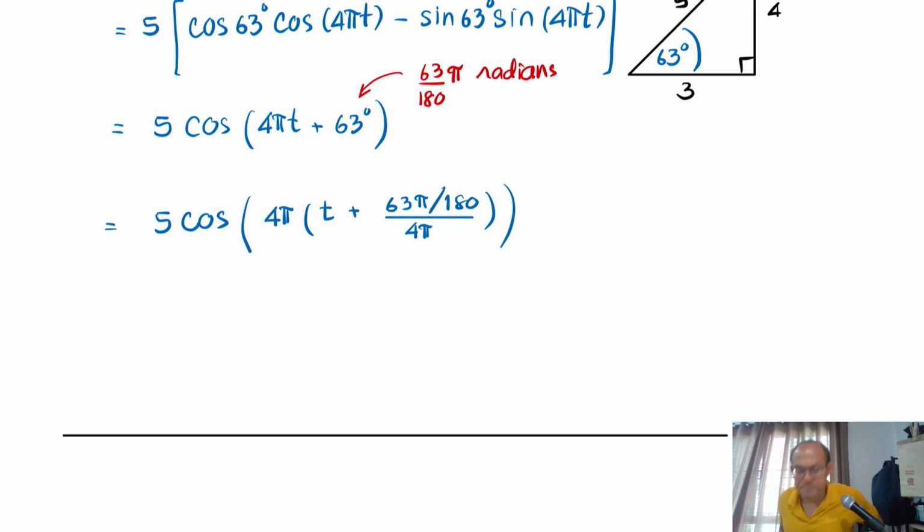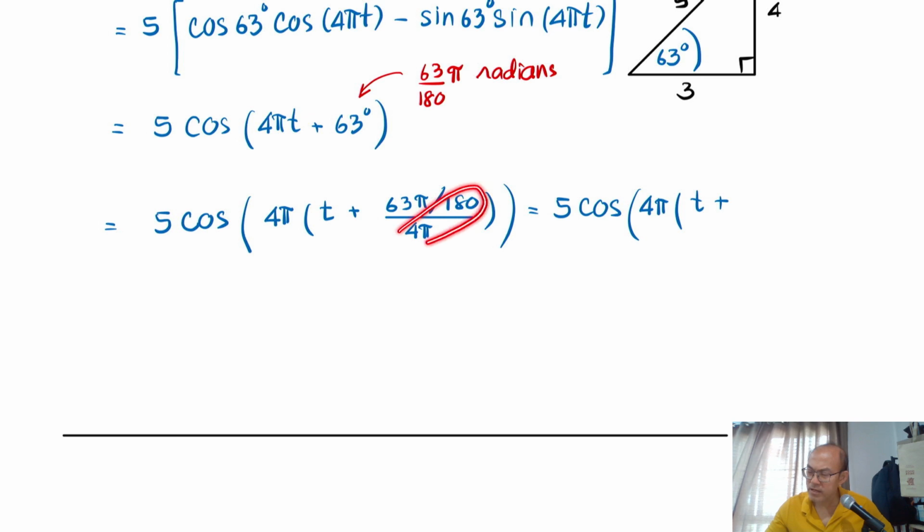Okay, and so this is 5 cosine of 4 pi. Inside is t plus. Now we can cancel the pi out, and then we multiply 180 with 4, we get 720. So t plus 63 over 720.